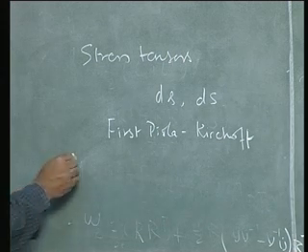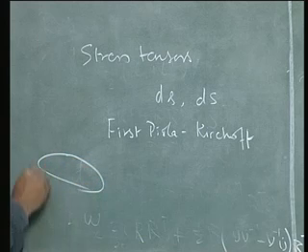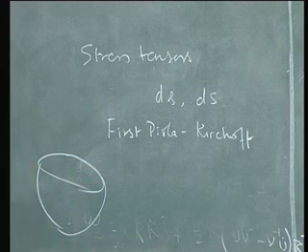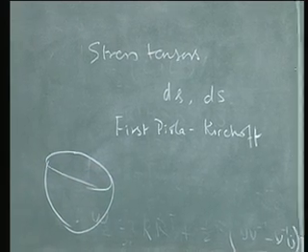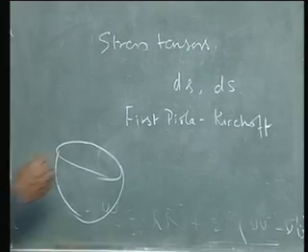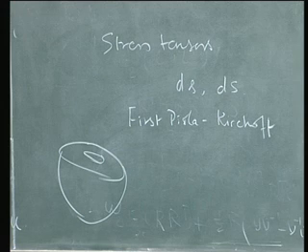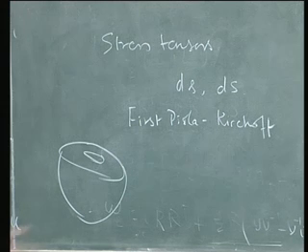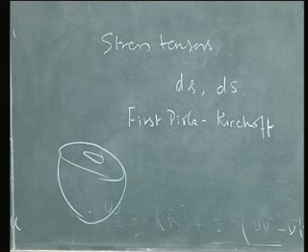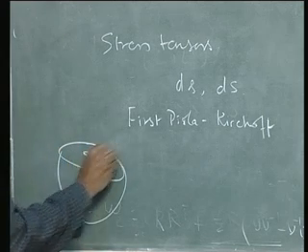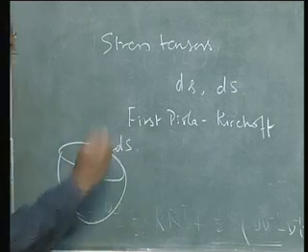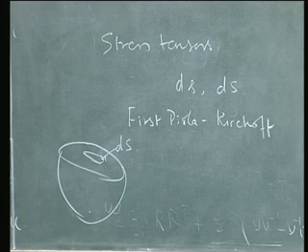Let us say that I cut a body like what we used to do last course on the definition of stress, and let's take a small element. Let us define the area the same fashion as we did the last class when we derived Nanson's formula. So let me call that dS.